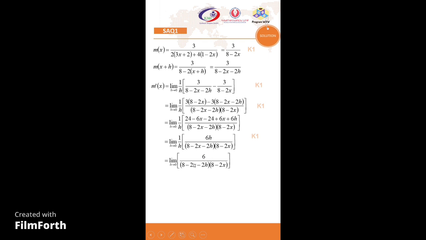And then after you cancel h, you can substitute h with 0. Okay, you will get the next mark. And then simplify, you will get the final mark. For the next question, you need to find m prime of 3.